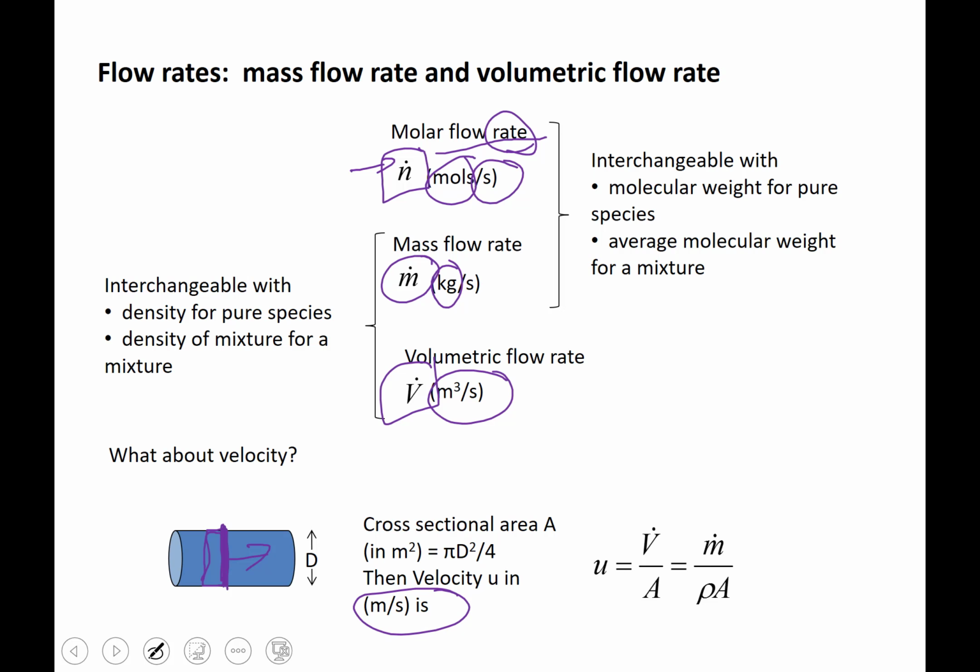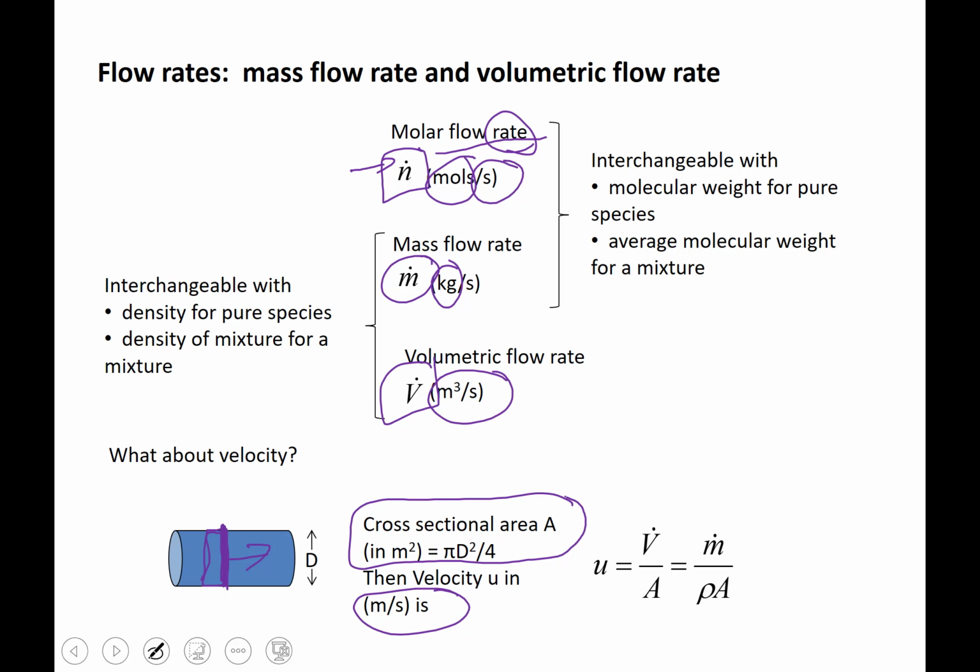And when we know the cross-sectional area of our pipe, it could be square or flat, or most often it's round, then the cross-sectional area would be written either pi r squared or pi d squared over 4.